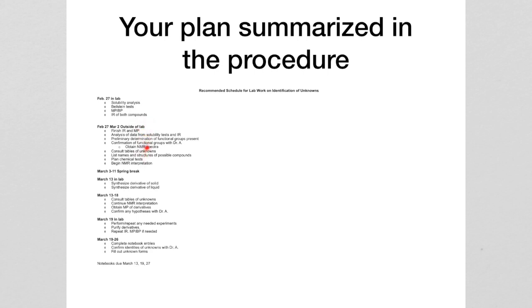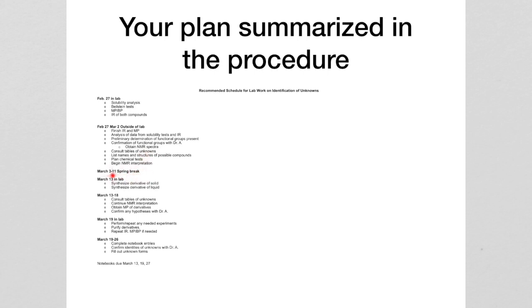A lot of these other things are things like analyzing data, determining functional groups, coming to office hours and confirming things, consulting tables, making lists of structures, beginning interpretation. These are all dry lab things that you need to do outside of lab because you don't want to waste your in-lab time on the 13th when you need to be synthesizing, because you can't do that any other time, drawing lists of structures. That's a real waste of time.